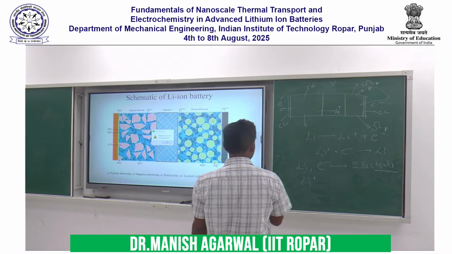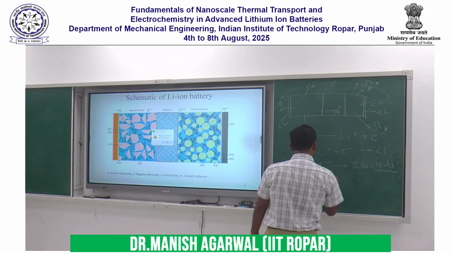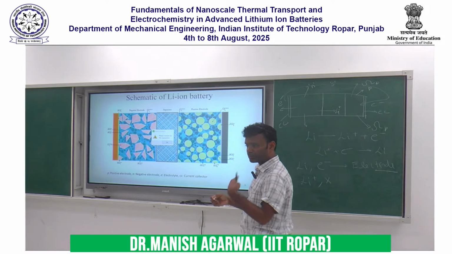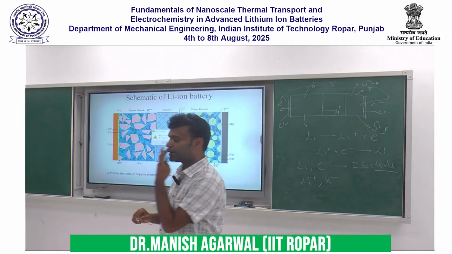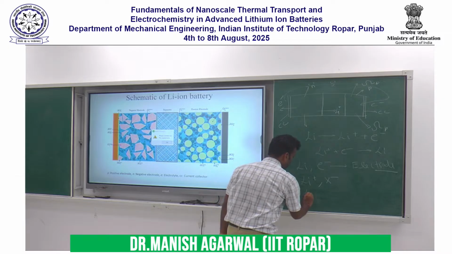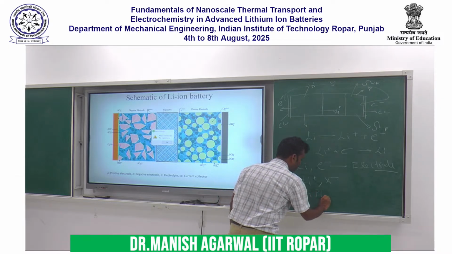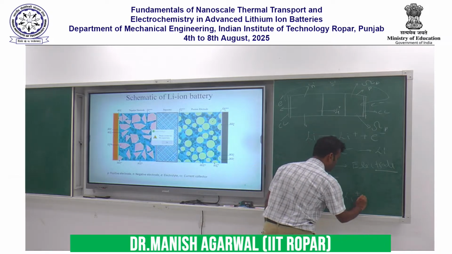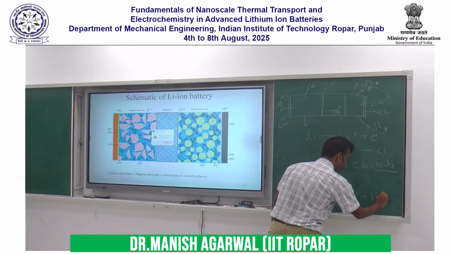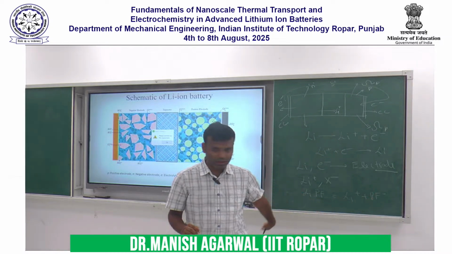Apart from the lithium ions, which are known as cations because they are positive ions, negative ions are also moving. For example, if you have LiPF6, it is Li plus and PF6 negative. Sorry, I don't remember the exact formula.